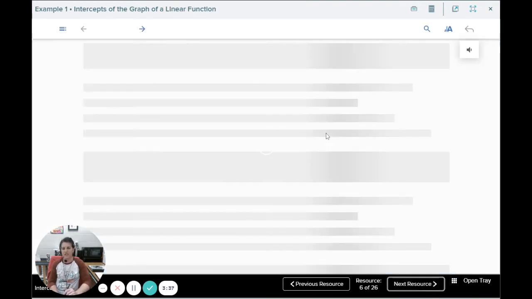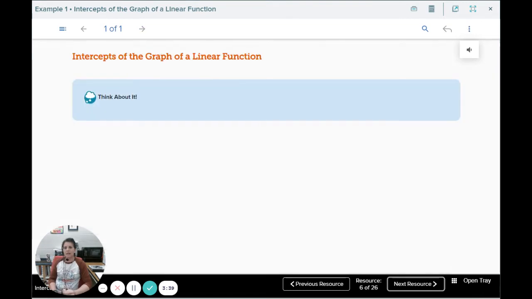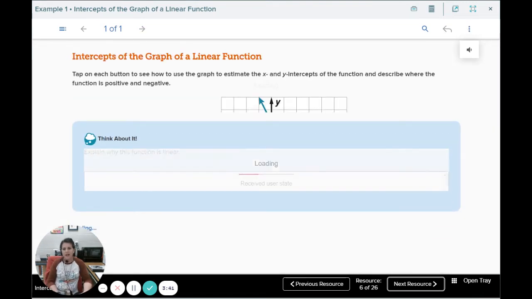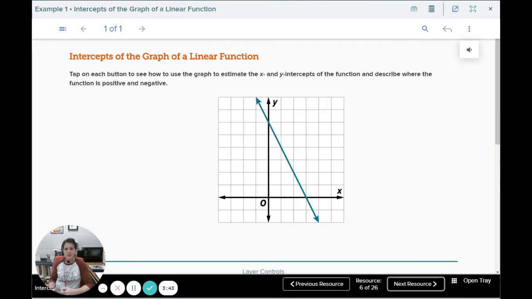All right, so let's look at an example here. It says the intercepts of graphs of a linear function. It wants us to identify, if you're following along in your student workbook, this is on page 167, the x-intercept, the y-intercept, and tell where the function is positive and where the function is negative. So again, x-intercept is where it crosses the x-axis.